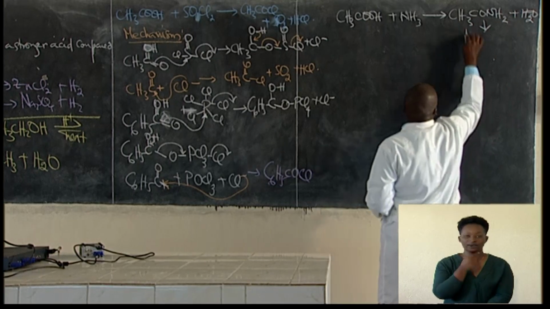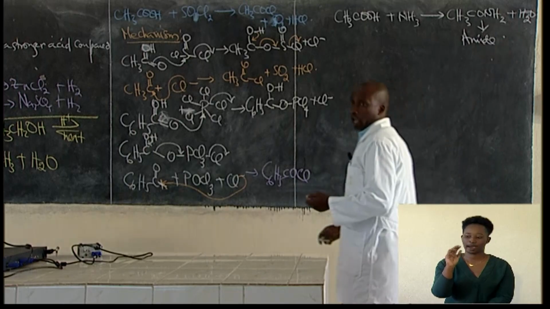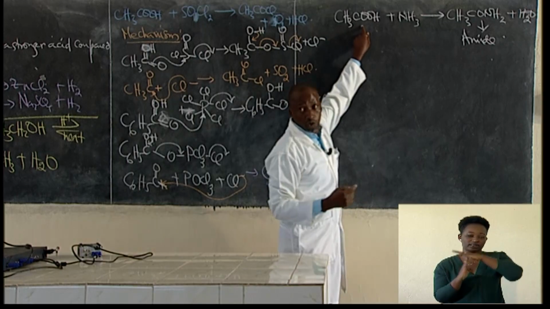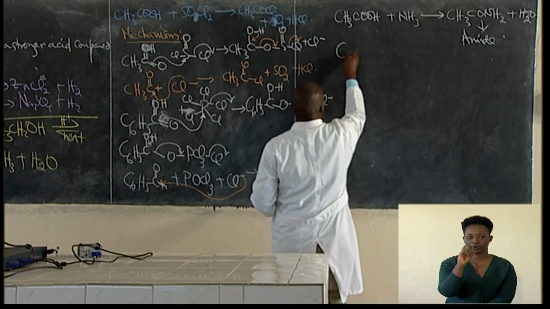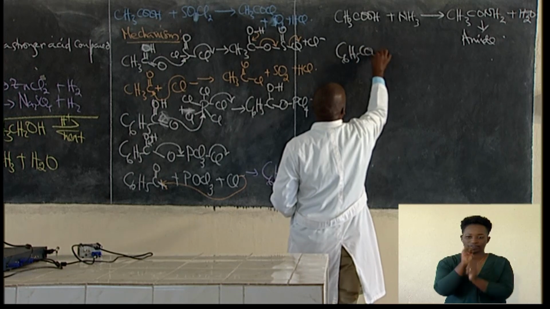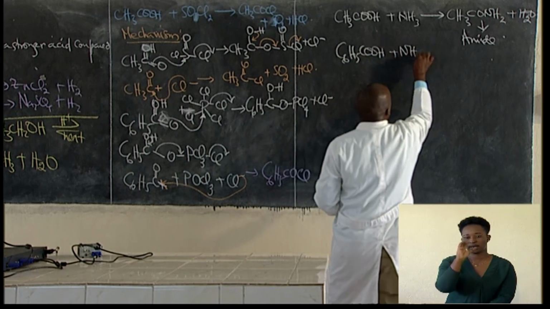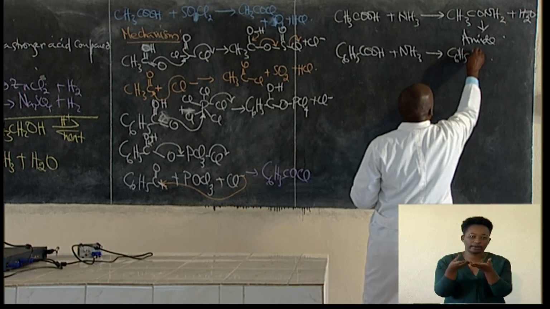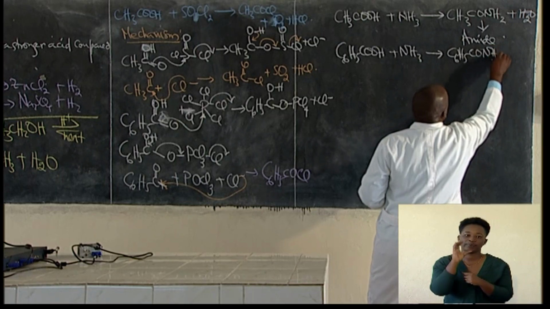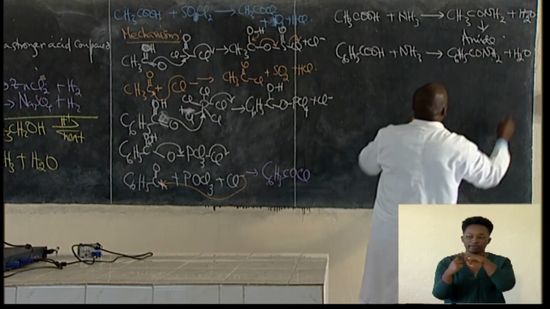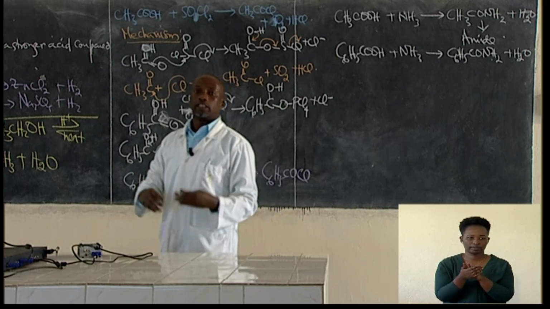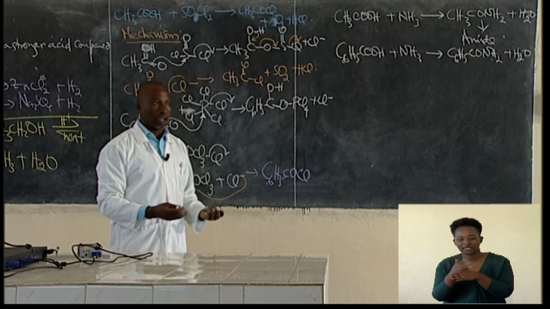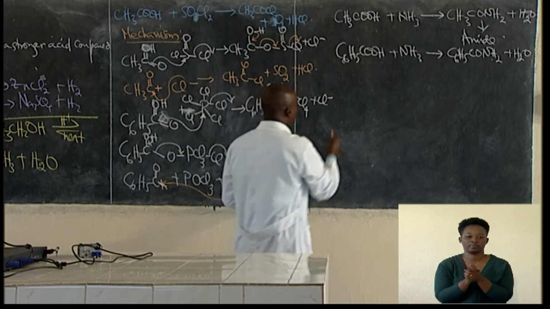This is an amide. Therefore, if we replace ethanoic acid with benzoic acid, C6H5COOH plus ammonia, this will give C6H5CONH2 plus water. So this will also be an amide that is formed. So there are reactions which are shared, which are similar.